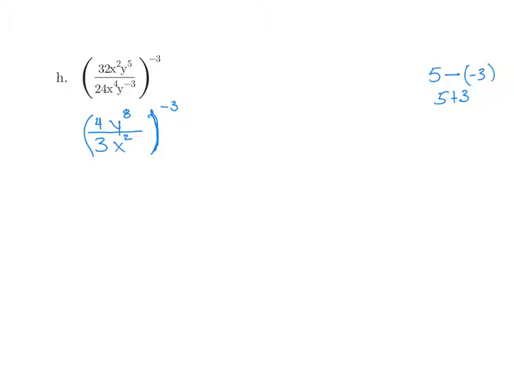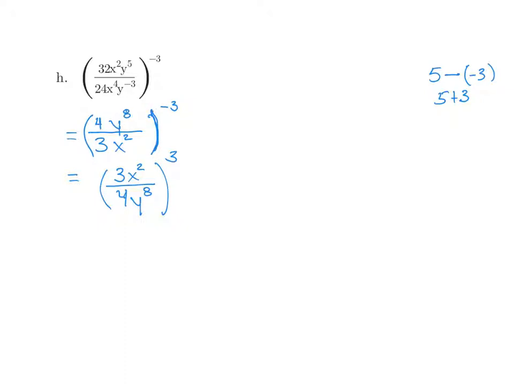So the next thing that I want to do with this problem is I want to flip the whole fraction. If we flip the whole fraction, we end up with 3x squared over 4y to the 8th, and my outside exponent is now positive.